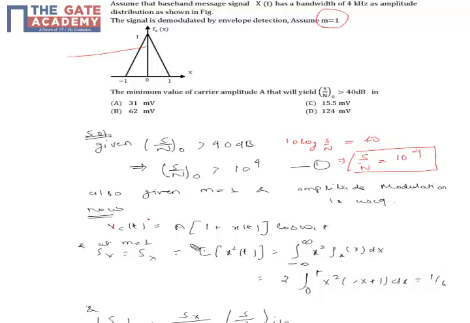And we know that at a modulation index of 1, S_x is equal to S_lambda, given as the expectation of x square t, that is the integration from minus infinity to infinity of x square into f of x dx, where f of x is nothing but the PDF of the signal.